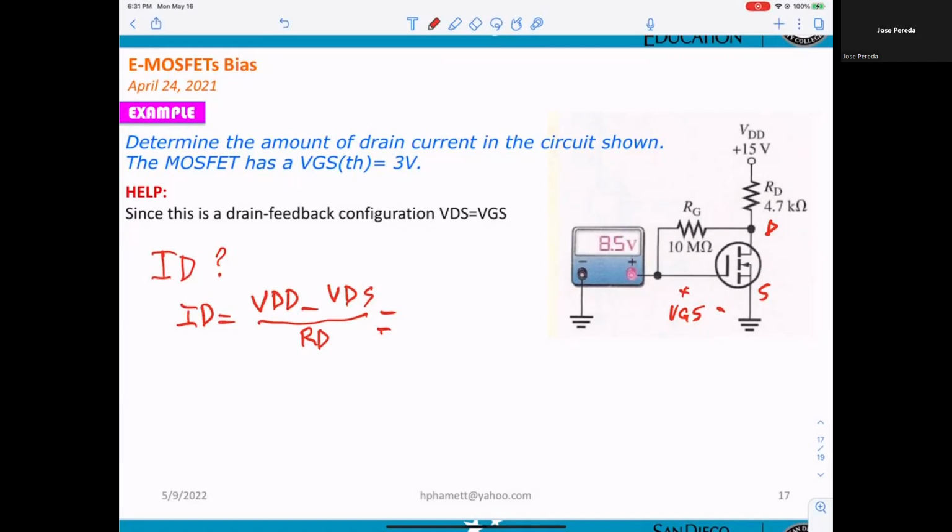Just a minute. I get 1.38. Yeah, you know what? I misread where you labeled source with 5 for some reason and I subtracted, but yeah, you're right.